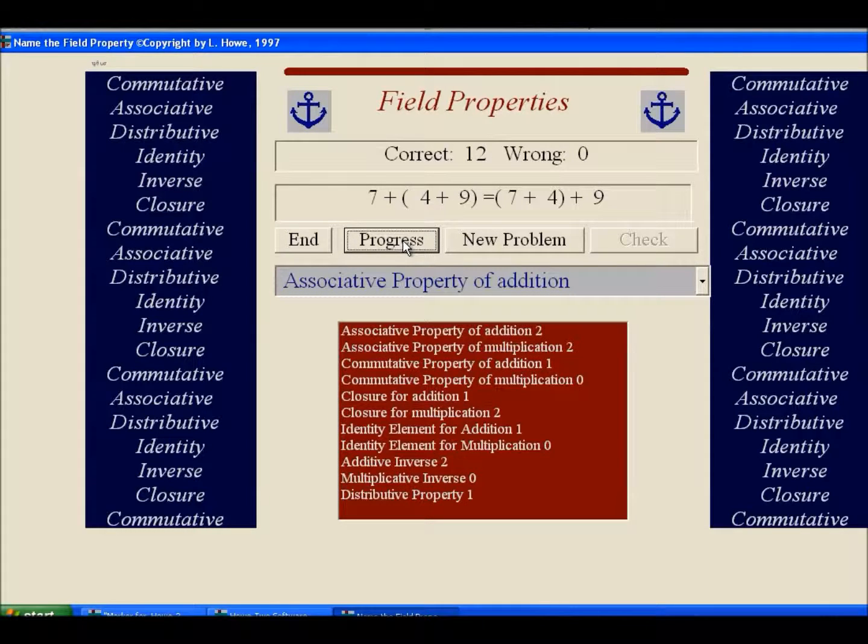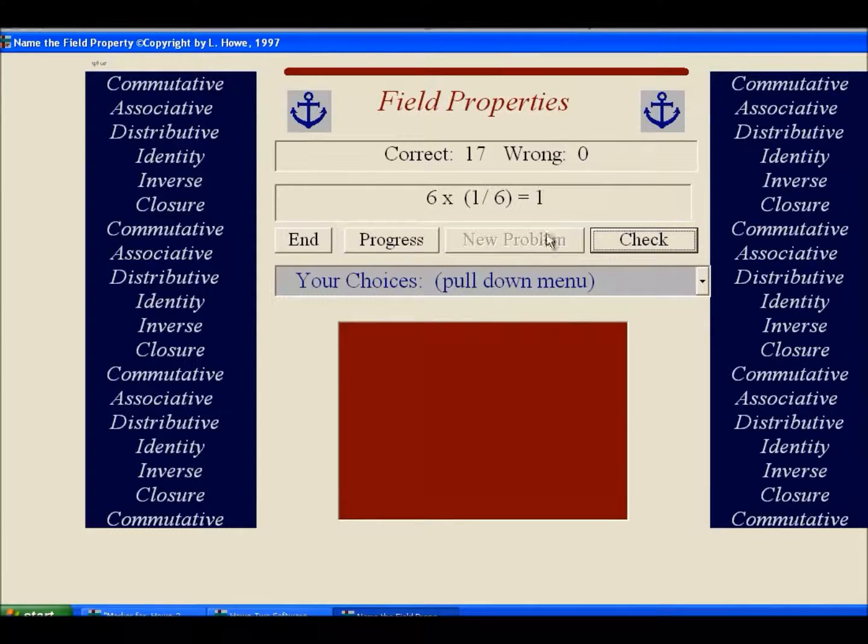Now this progress report's going to tell us that we haven't had commutative of multiplication. We haven't had the identity element for multiplication. I guess we better keep going on until we bump into that. Now, here's a different one. 6 times 1/6 equals 1. 1 is the identity element for multiplication. So this is an example of the multiplicative inverse.